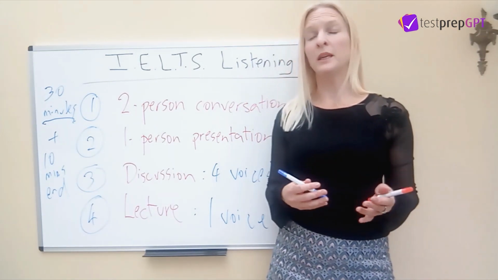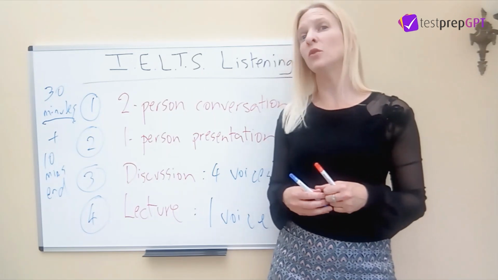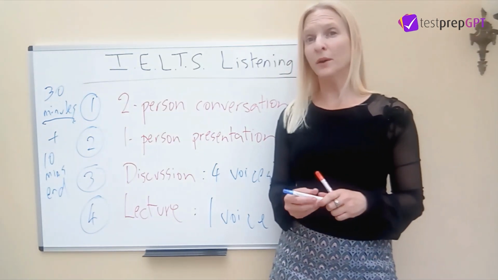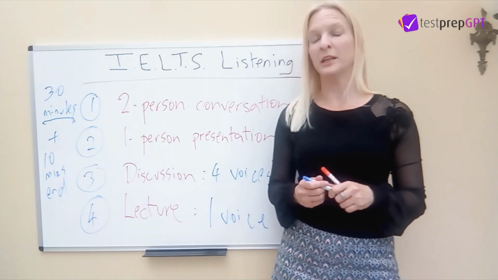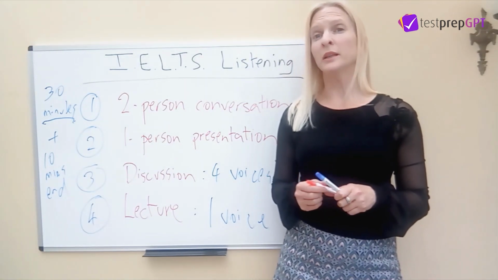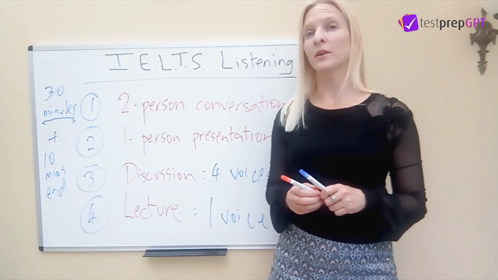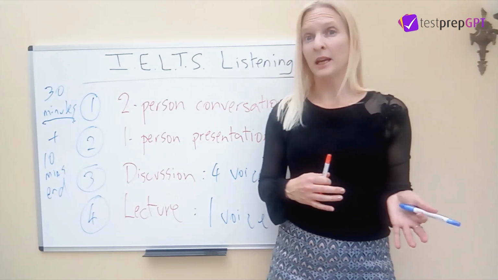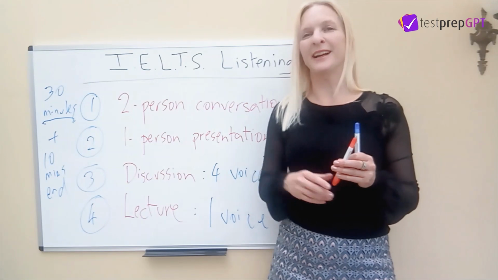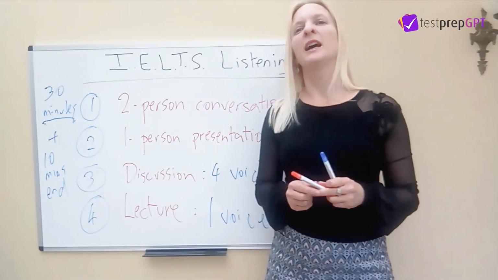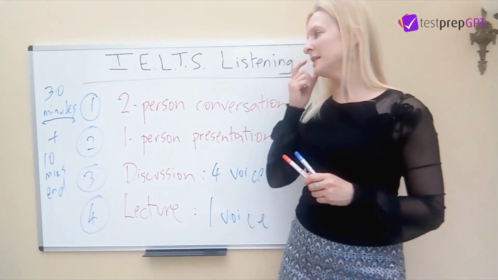It could be a discussion about university or about work, and often you'll hear times and dates and details being mentioned. And frequently you might also hear the people changing their mind during the discussion. That's a little trick that IELTS uses to catch you out during the listening test.